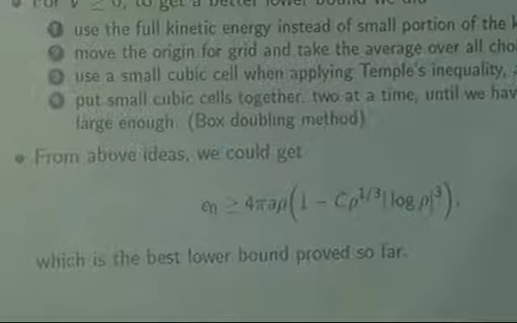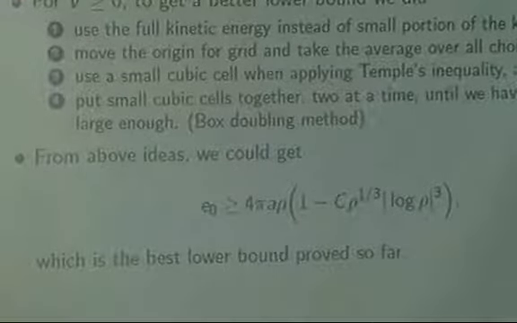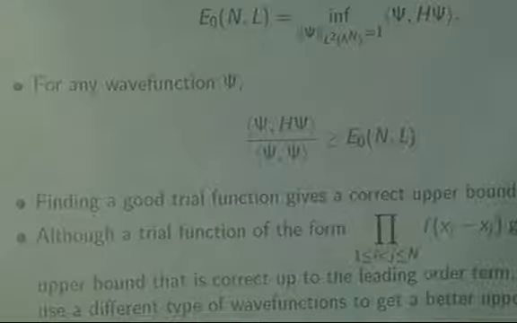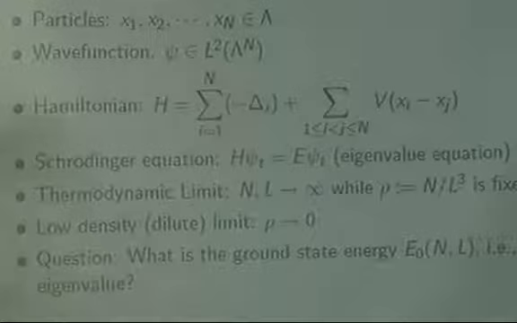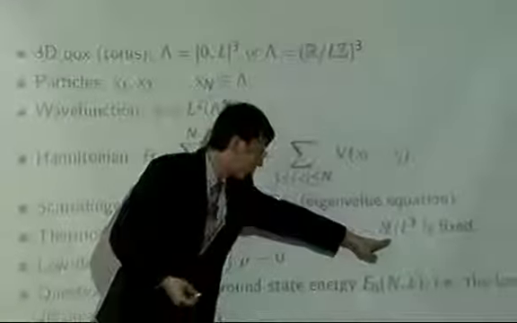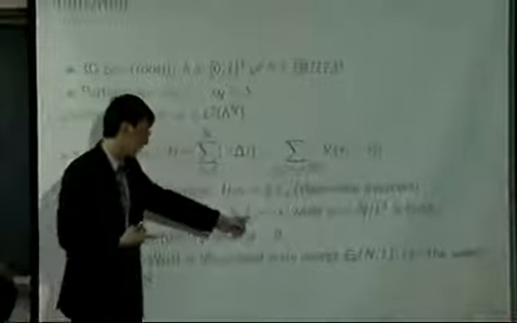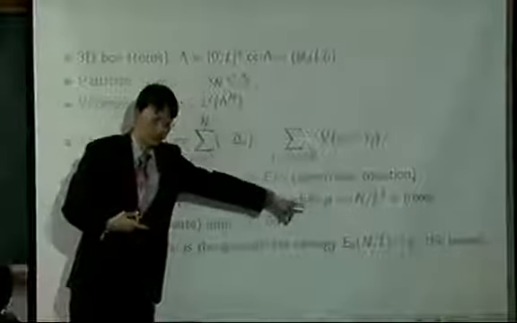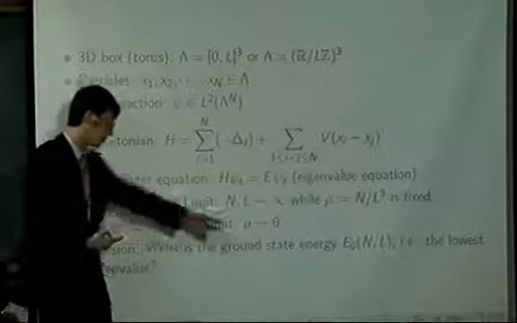Rho is the density. So n is the given factor in the original problem. At the beginning, we only had this information, and rho was fixed as n over L cubed. When you take the limit, n and L approach infinity, but rho is fixed. And then we let rho become very small.